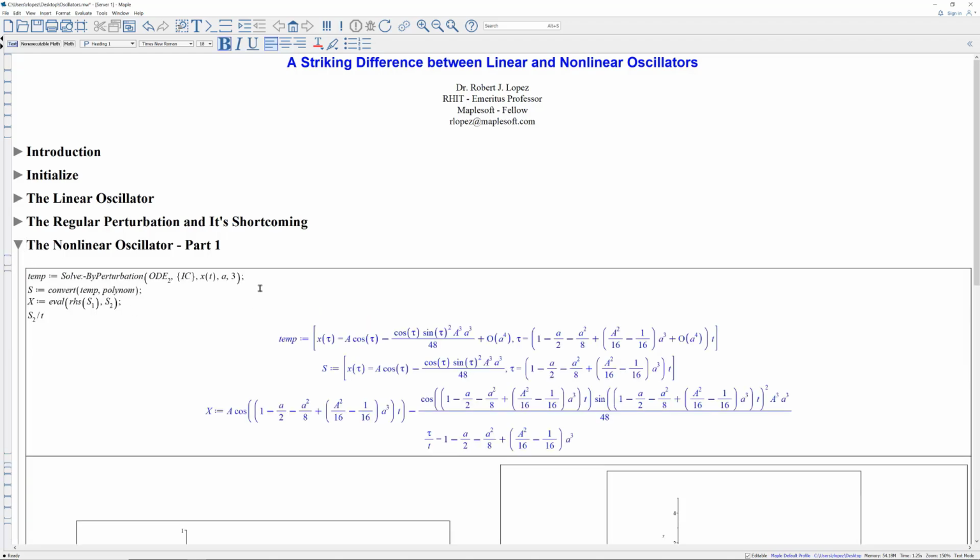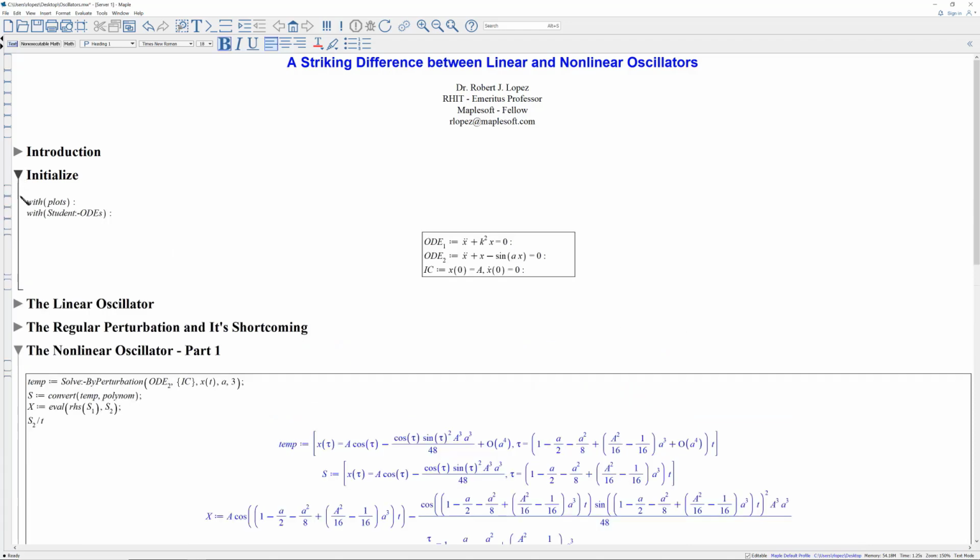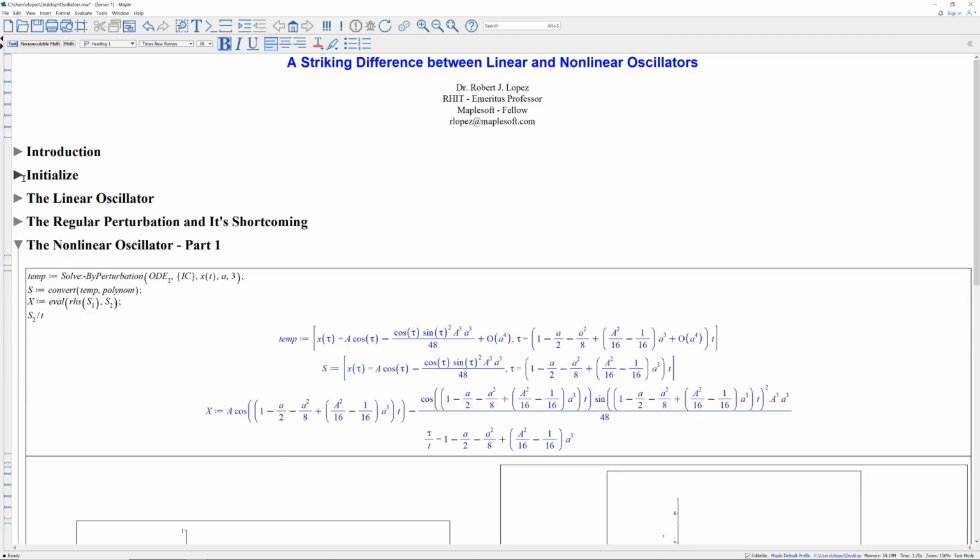And we're going to begin by just hitting it with this Lindstedt perturbation command that's in the Student ODEs package. Now, the Student ODEs package has already been installed, right? Student ODEs, this solve is a subpackage, and by perturbation is a command in this subpackage.